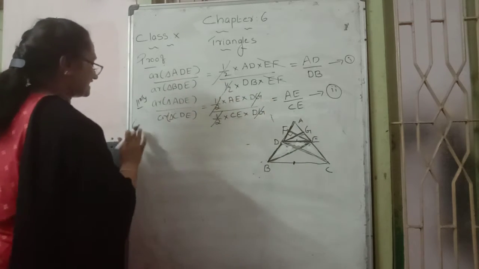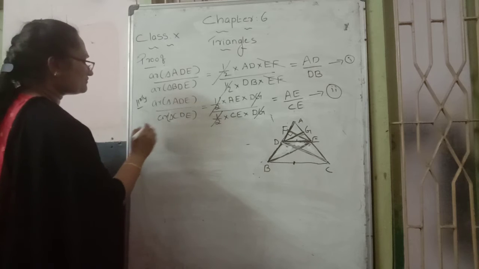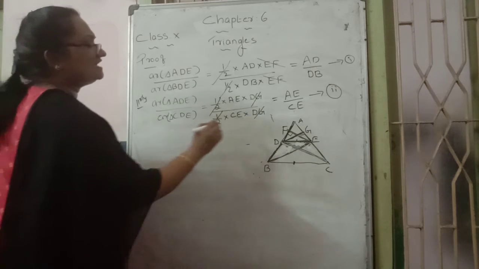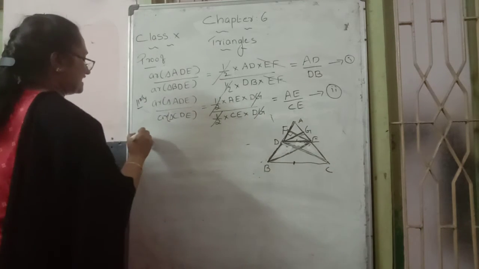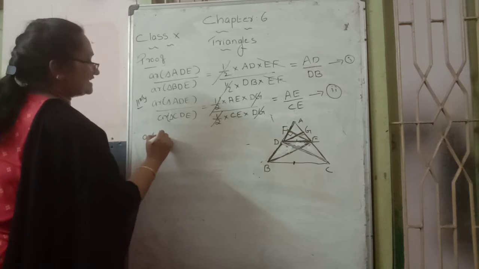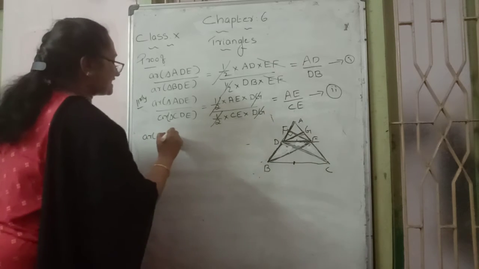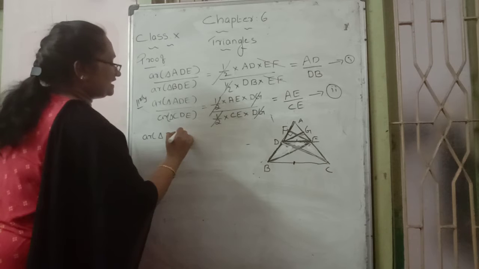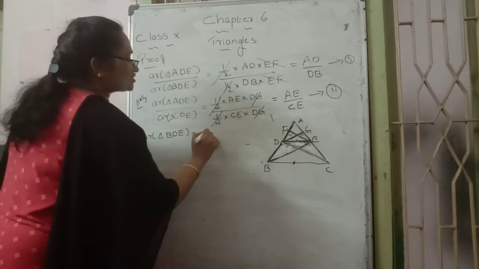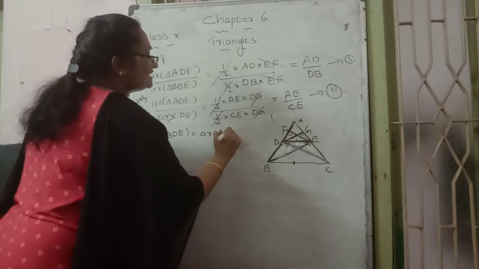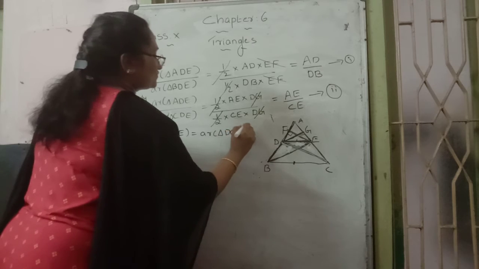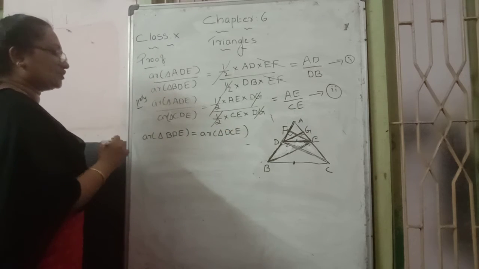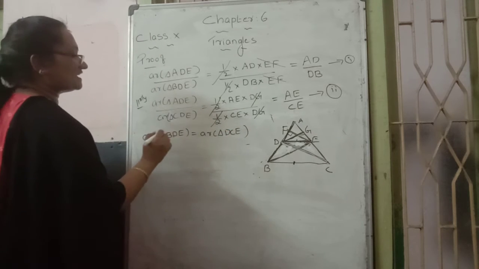Next, we write that information. Area of triangle BDE is equal to area of triangle DCE. What is the reason?